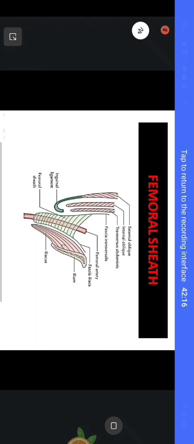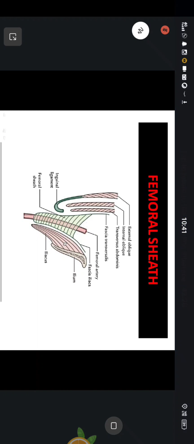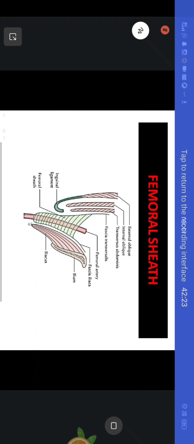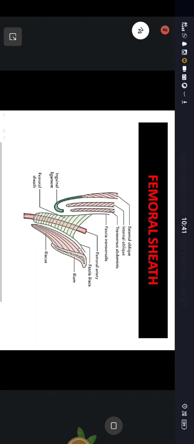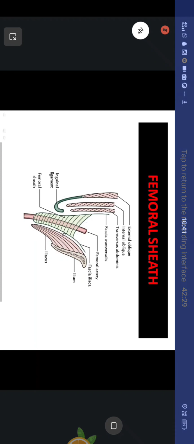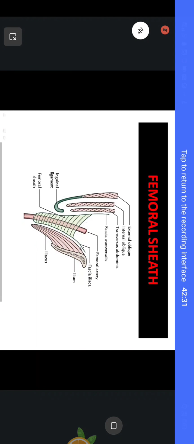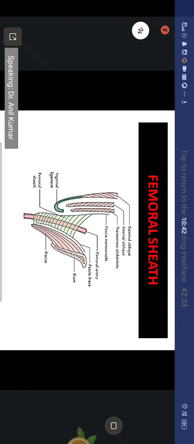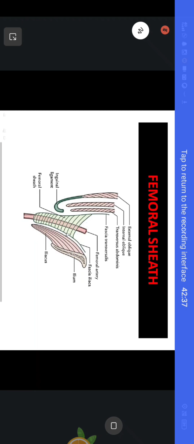Coming to the posterior wall of the femoral sheath. Posteriorly, we see the iliacus muscle, which forms the floor of this femoral triangle. The fascia covering this iliacus is called fascia iliaca. This also runs downwards into the femoral triangle and forms the posterior wall of this femoral sheath.